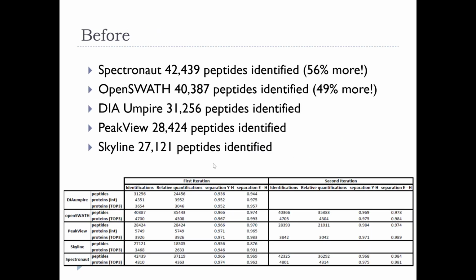Okay, so here's another case. This is a paper comparing all these tools for DIA use, and this was the very first set of statistics that the author came out with. It said that Skyline found 27,000 peptides, and Spectronaut and OpenSwath found 41, 42-ish.